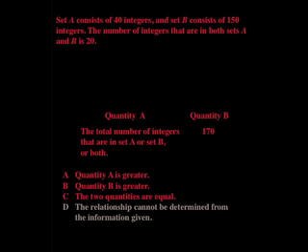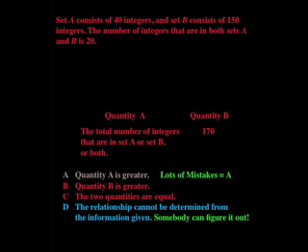And we're given four answer choices. We could just give up and say that the relationship cannot be determined from the information given, but there's nothing but numbers here, so somebody can figure it out, so D can't be the right answer. We might decide to pick quantity A, but then we realize a lot of mistakes are going to equal quantity A, and they would be getting the right answer by accident. So it's less likely that quantity A will actually be the right answer.